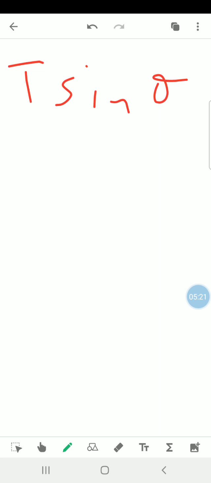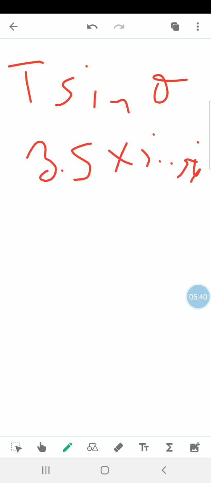Now you have found T. You found T to be 3.5 multiplied by sine 56. Then you will get the answer to be 2.9 newtons. When you use your calculator, you will get the centripetal force to be 2.9 newtons.